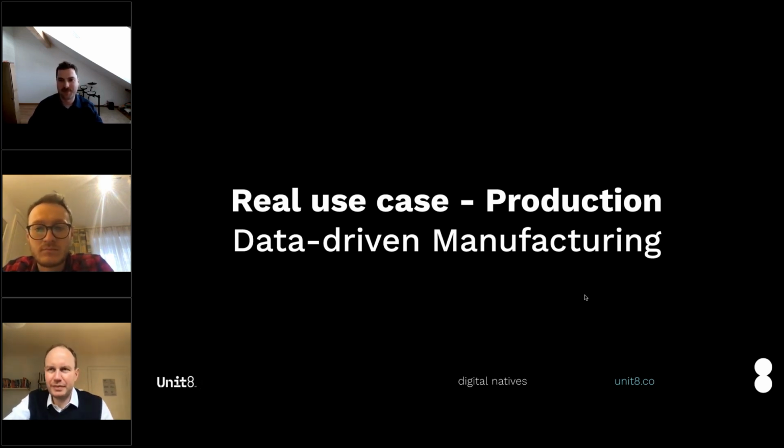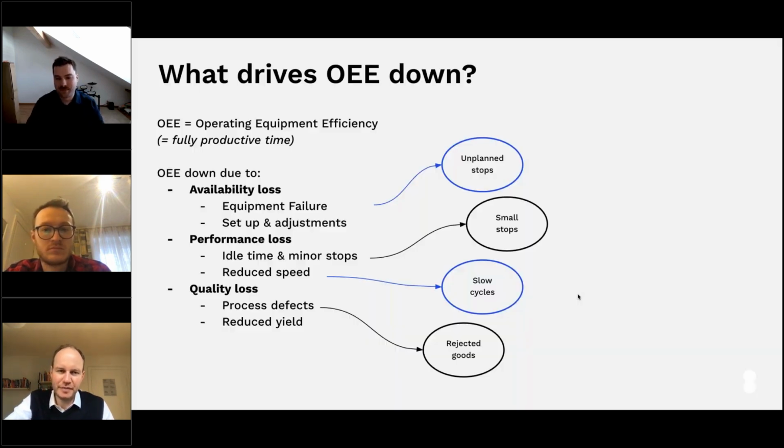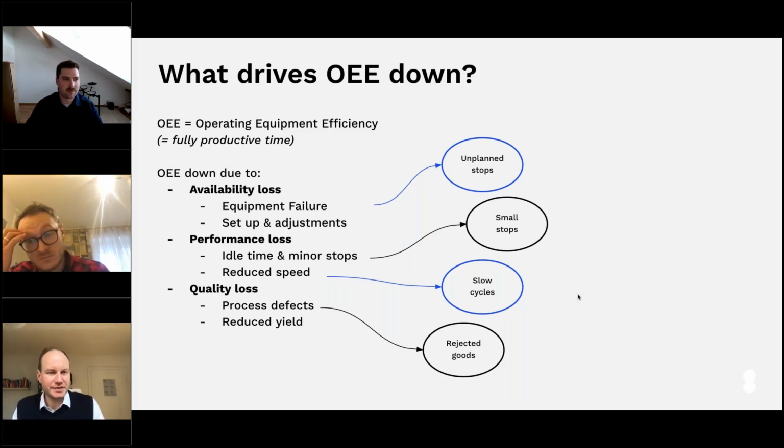Exactly. So now we have a use case that is concerned with the improvement in operating equipment efficiency, and that actually means, if you imagine a factory, the fully productive time of your operating equipment. So it's a key manufacturing KPI. And typically this OEE can go down for 3 reasons.